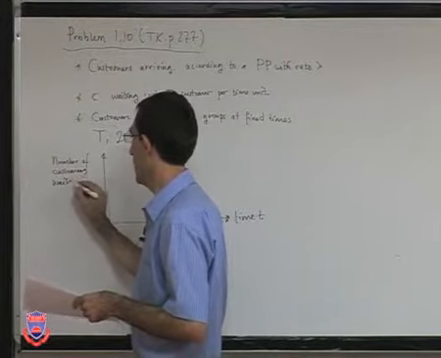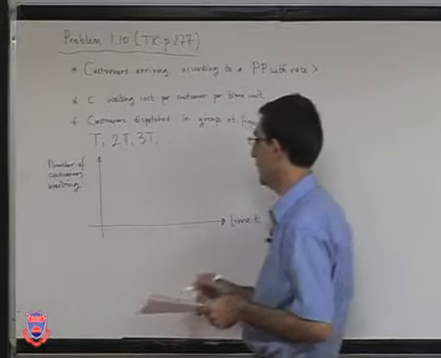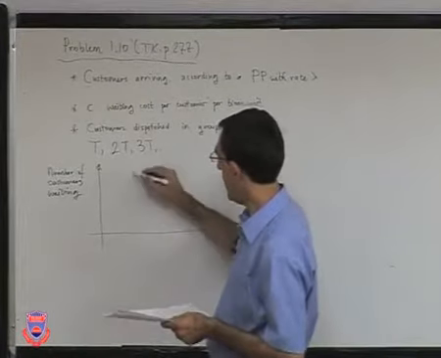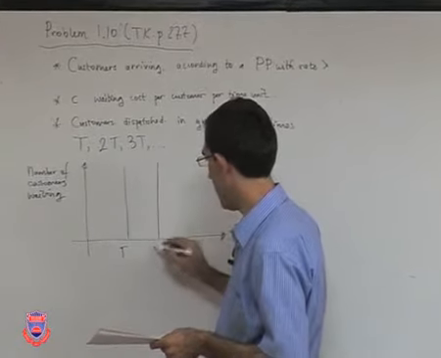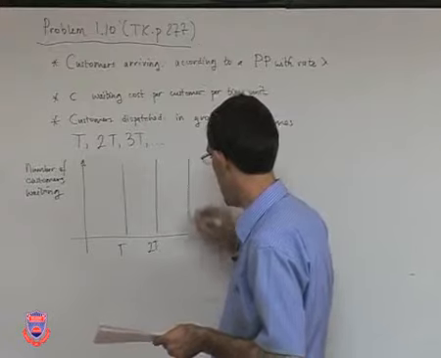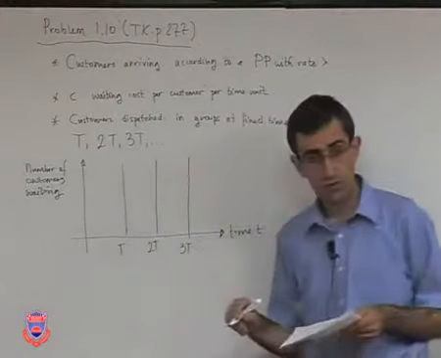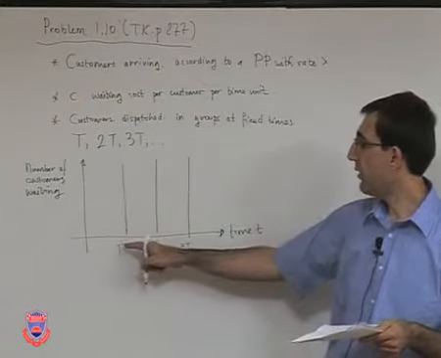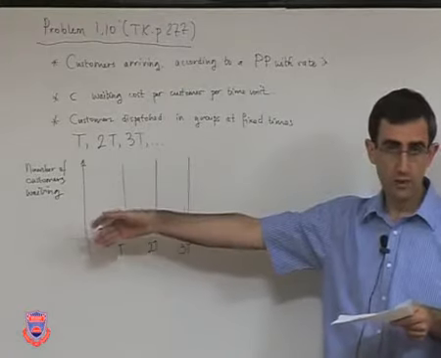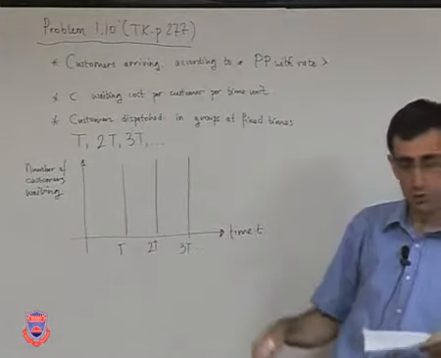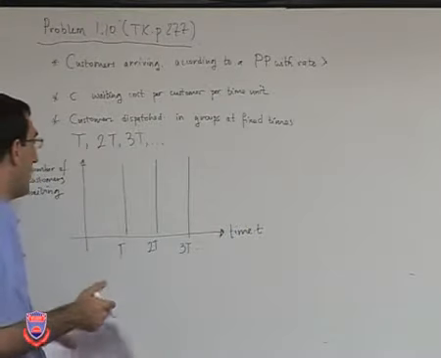There are dispatch times at T, 2T, 3T, and so on. Right after these times, no customers are waiting, so the number drops to 0.